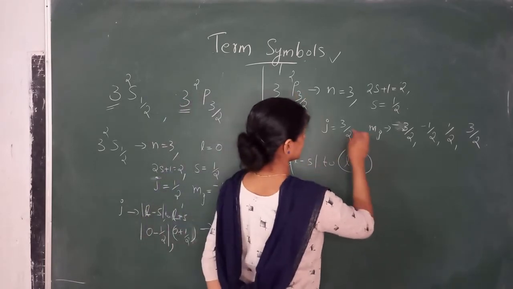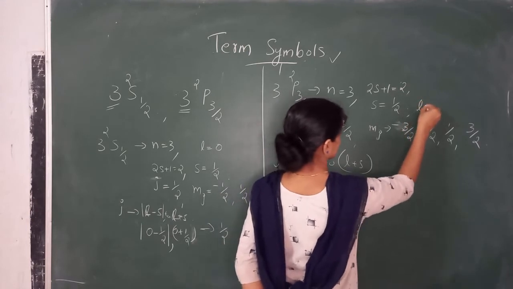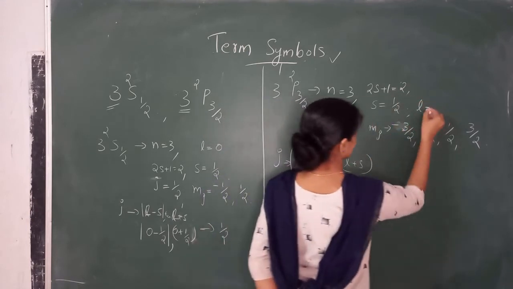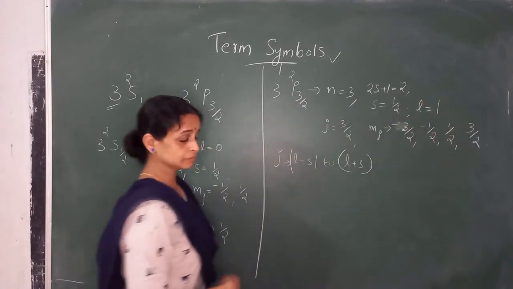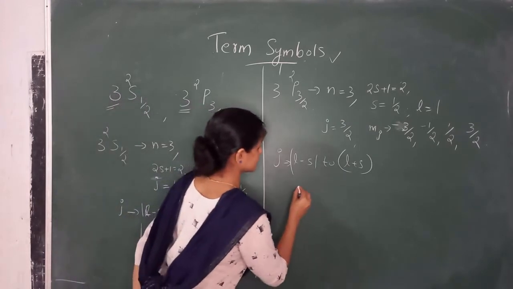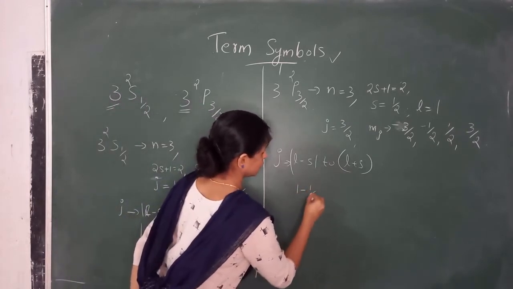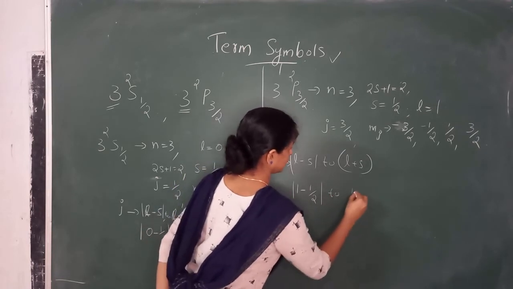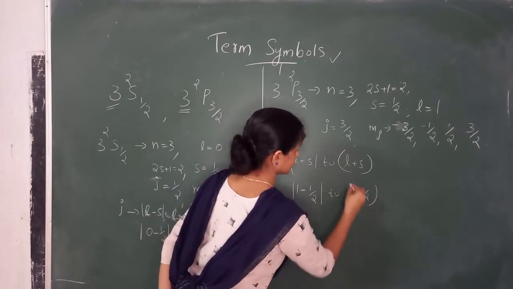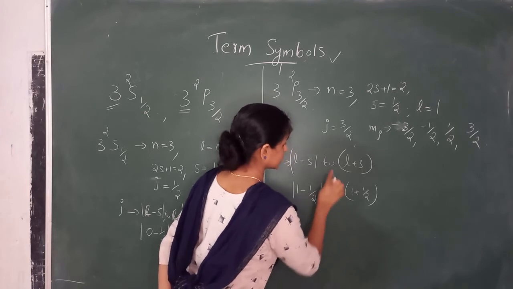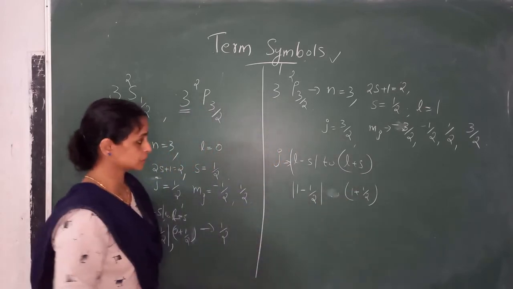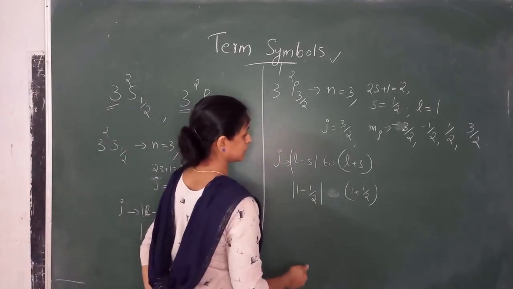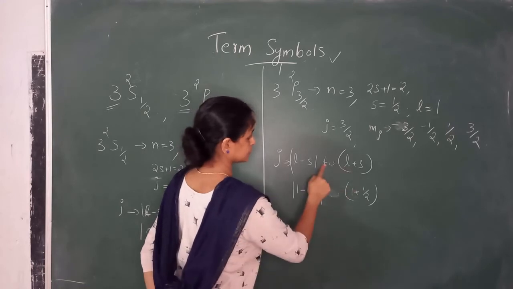You can see that this is P, so L is equal to 1. So L minus S means 1 minus 1 by 2 to 1 plus 1 by 2. L minus S and L plus S, there are two values, L minus S to L plus S.